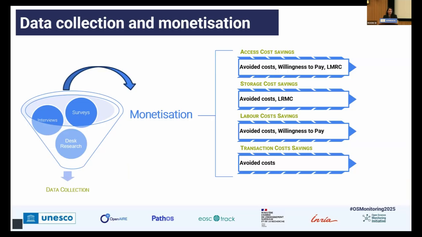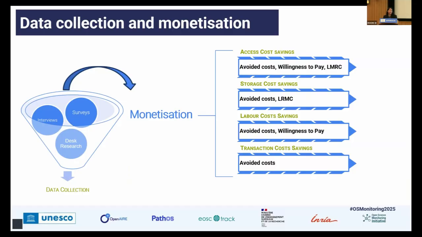As I said before, once you have identified the costs and benefits that are relevant for the open resource we are assessing, it is important to start collecting data. On the cost side, the main source is the provider, the organization who manages these resources. So they should keep track of the costs, of the personnel costs they need to employ to keep this resource operating.